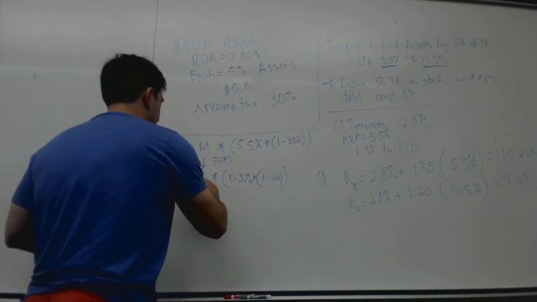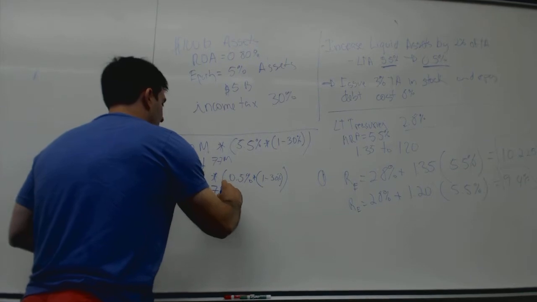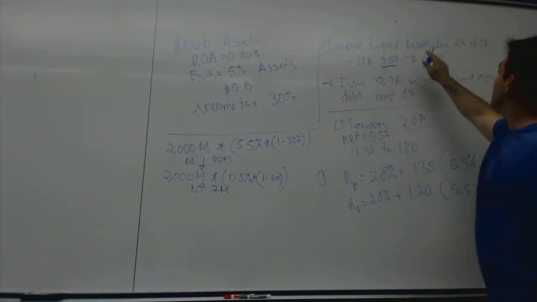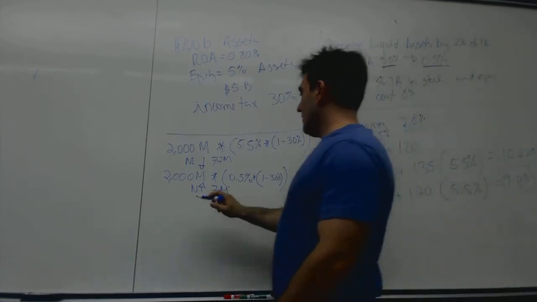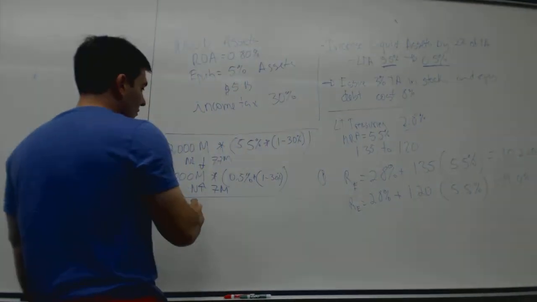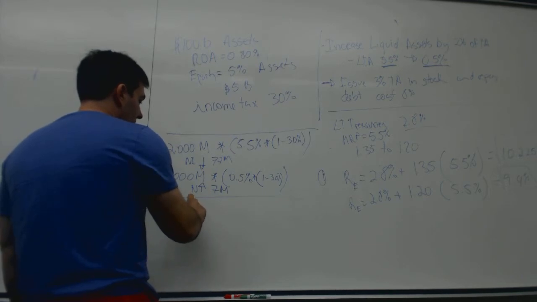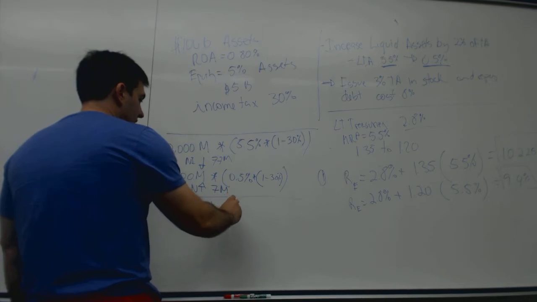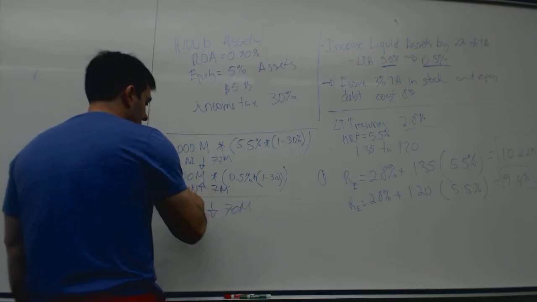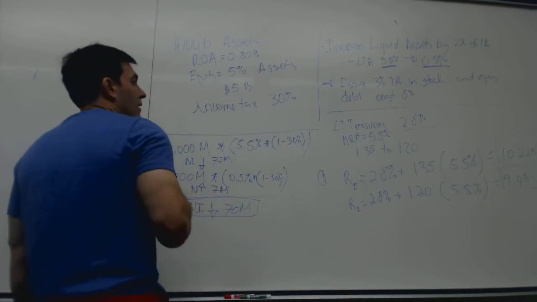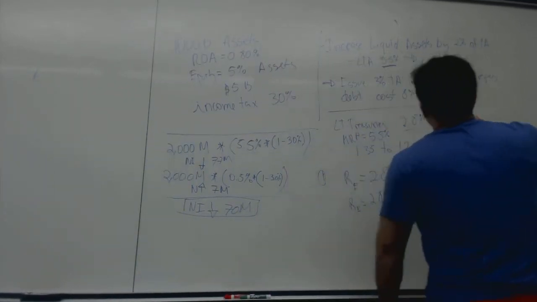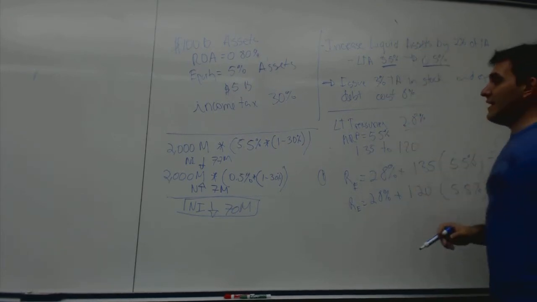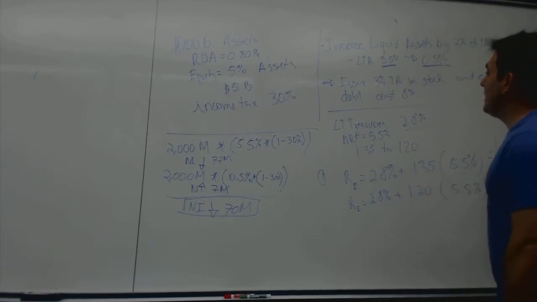Net income increases by 7. So the first change of swapping long-term assets for short-term assets will decrease net income by $70 million. And the second thing, we're going to issue $3 billion in stock and repay debt that is costing us 8%.